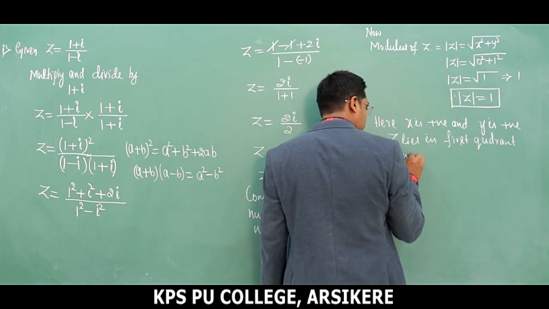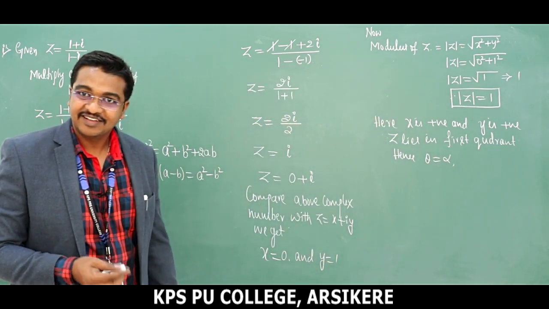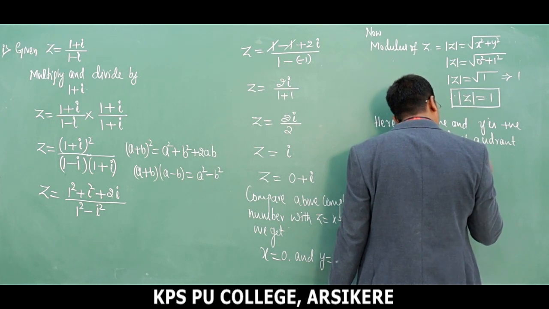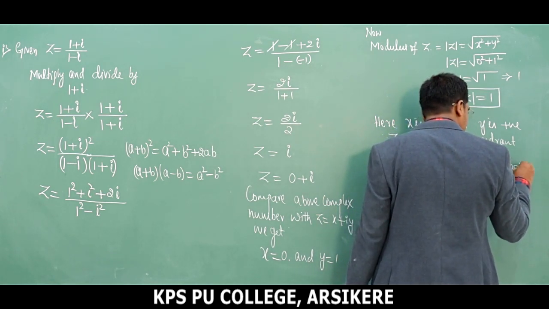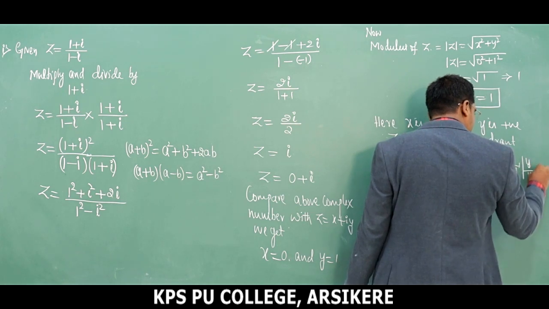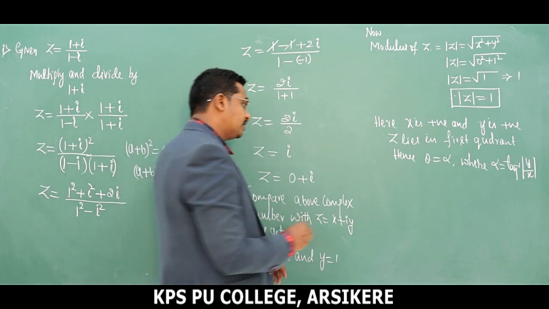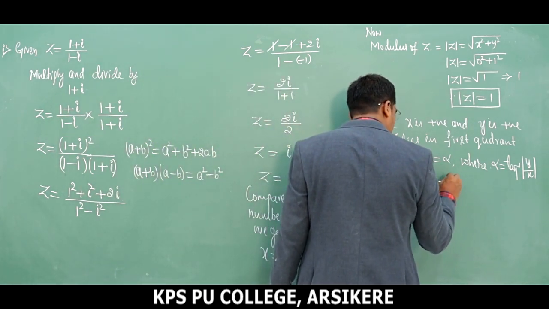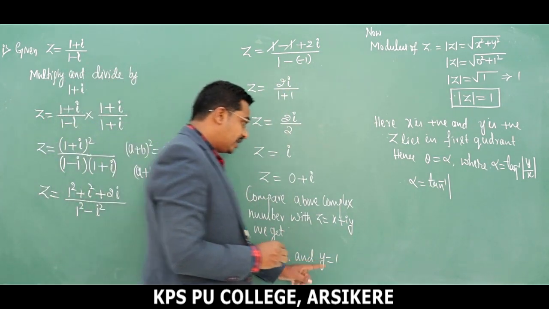Hence theta is equal to alpha, which is nothing but the argument, where alpha is equal to tan inverse of modulus of y divided by x. Therefore alpha is equal to tan inverse. Just substitute the values of y and x here. y is 1 and x is 0.